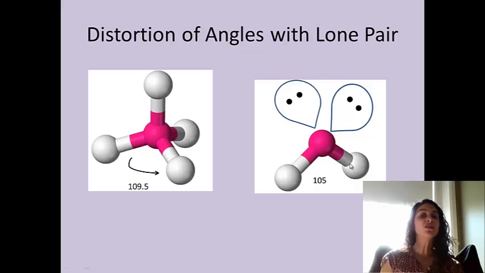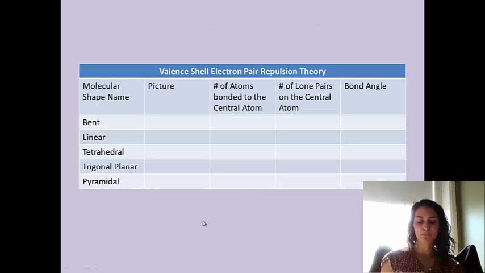Over here, we also have 4 domains, but this is a bent molecular shape. And we have a 105 degree angle between the bonds. And that's because these 2 sets of lone pairs are ballooning out and pushing these bonds further away, closer together, and reducing the angle between them.